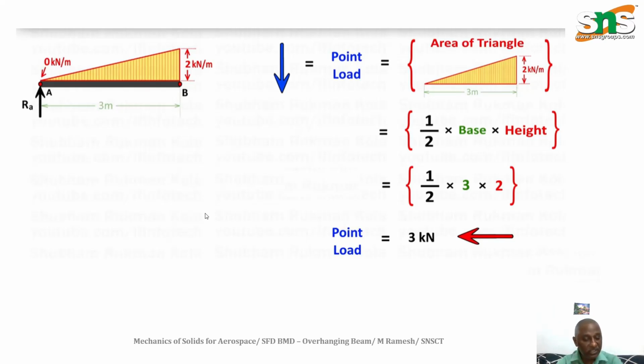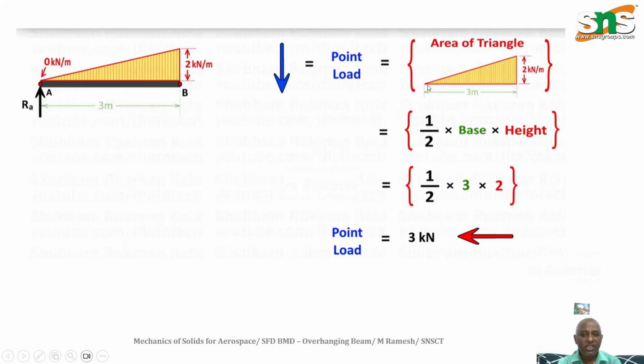So need not find anything else; the total load is the value of the reaction at the cantilever beam. So how to find the total load? Here it is 0 to 2 kN per meter, a uniformly varying load, and this kind of representation gives the downward load. So the total point load is calculated by the area of the triangle.